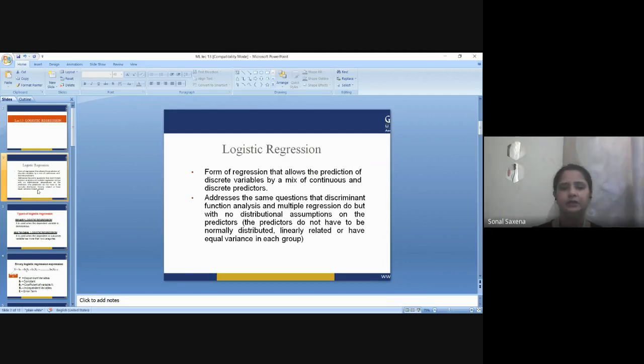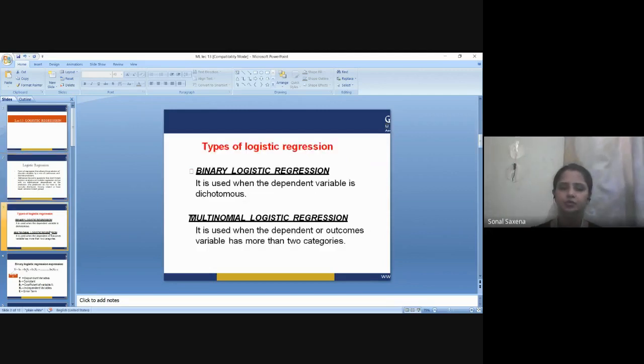And now, if we come to the types of logistic regression, here are the two types. One is binary logistic regression, which is used when the dependent variable is dichotomous. There are only two outcomes.